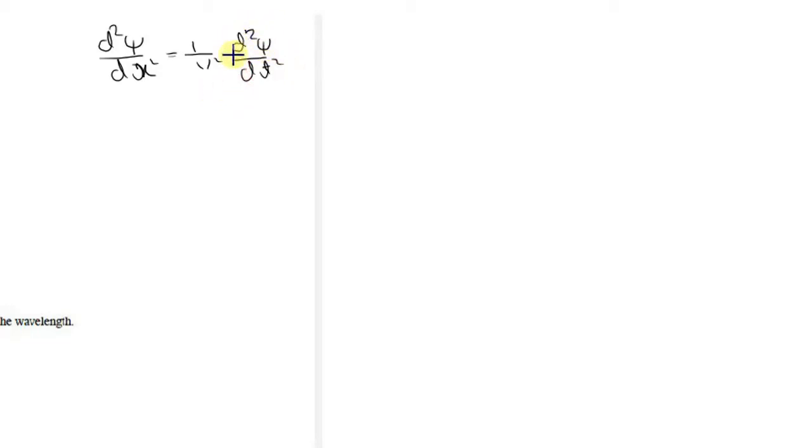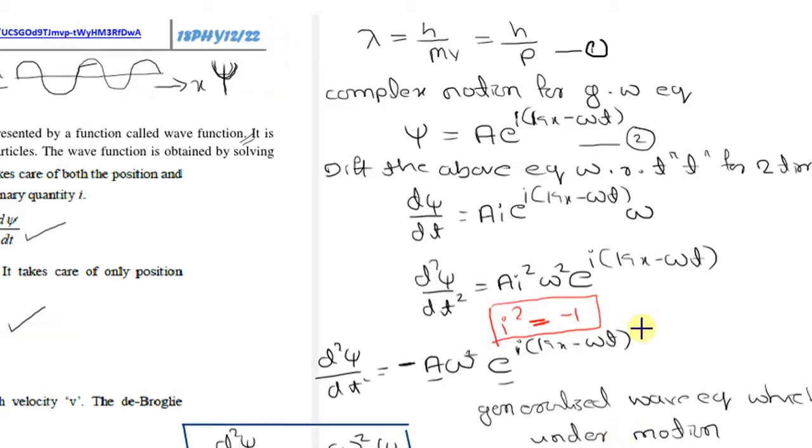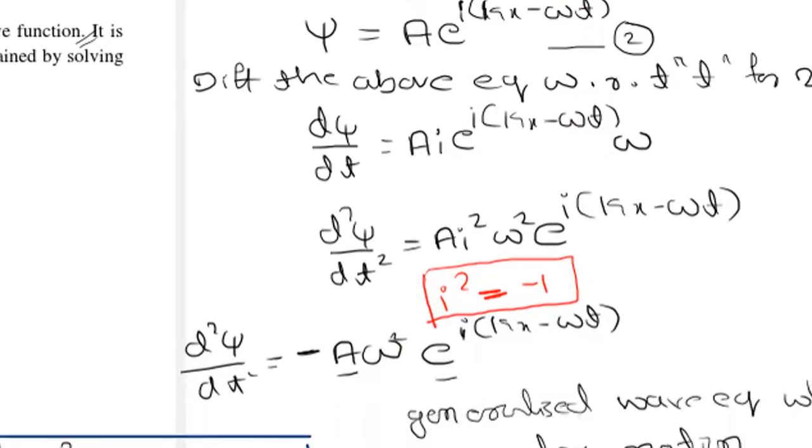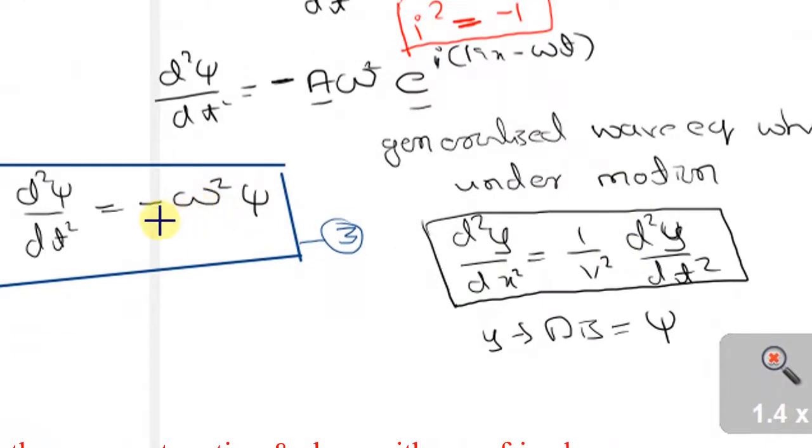Okay, so we already derived this equation. As I said, initially we take a time-dependent part, later on we are going to neglect it. To neglect that, instead of writing d²ψ/dt², we substitute minus omega squared psi.